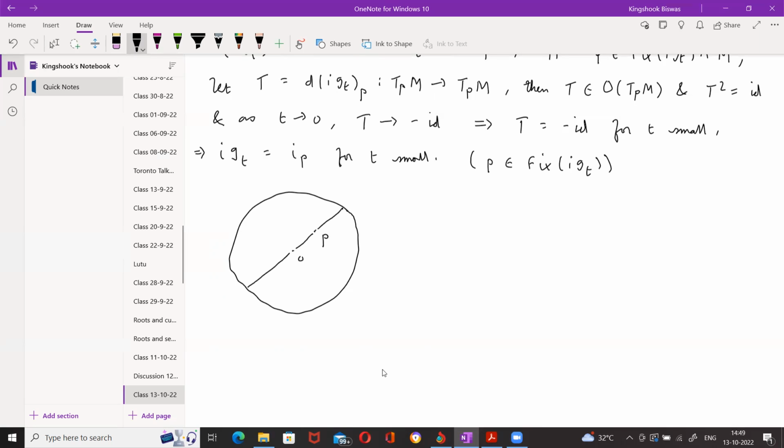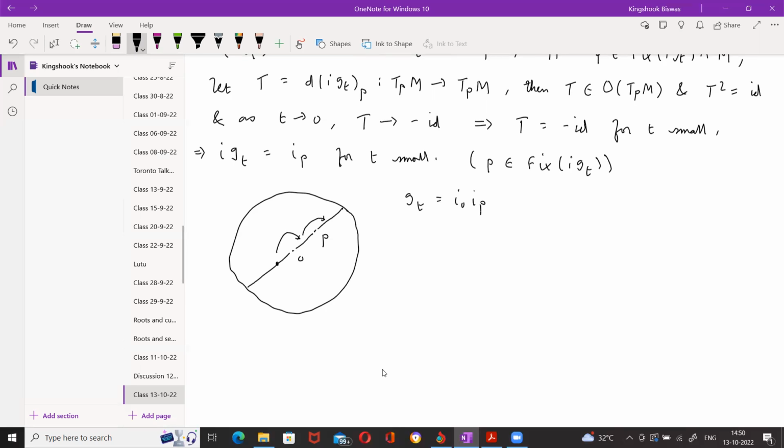So if I take this point here, then it will go here, and then it will go here, right? GT is going to be I0 IP, where I is equal to I0.